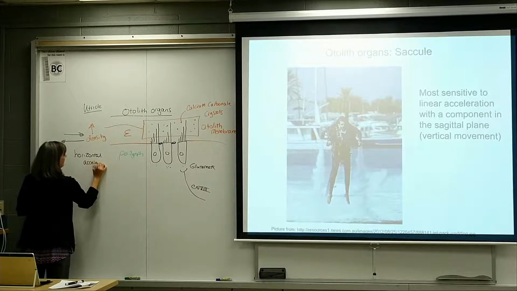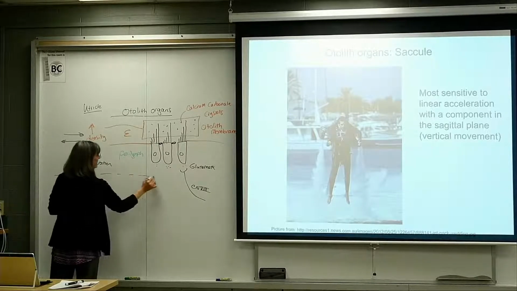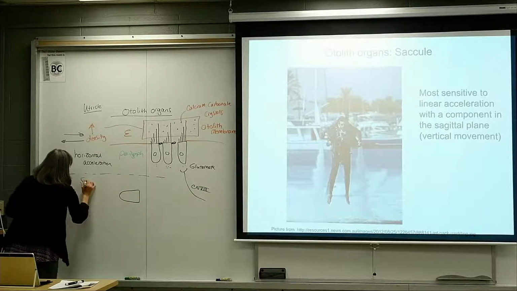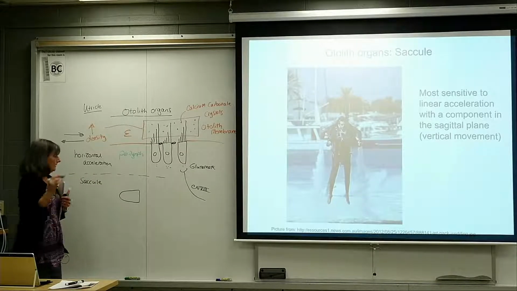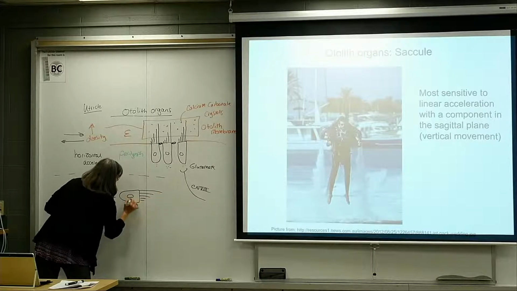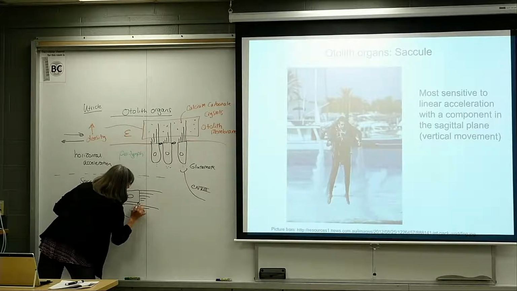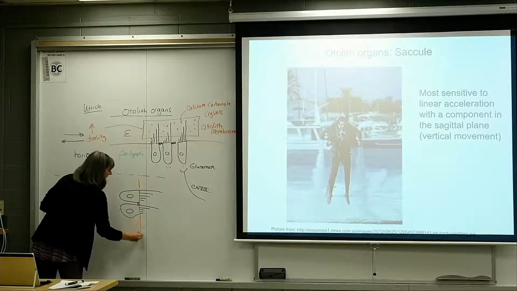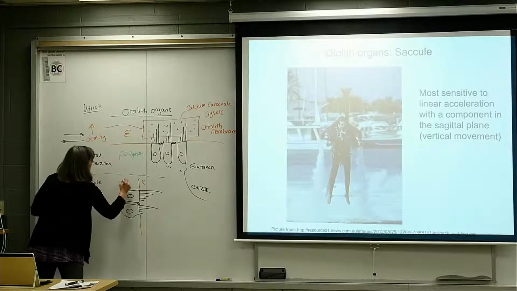It turns out that the hair cells of our saccule are oriented a little bit differently. So this would be our saccule, which is going to detect vertical acceleration, and those hair cells are going to be oriented more like this. Same characteristics, though. They're still going to have tight junctions between them. They're still going to have endolymph bathing the apical part and perilymph bathing the basolateral part.